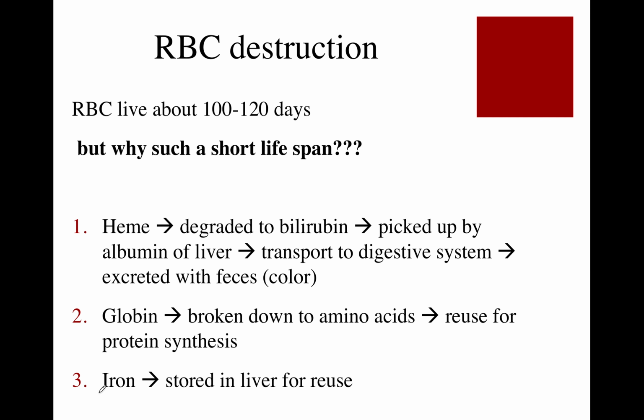As I mentioned earlier, the majority of the red blood cell is made up of hemoglobin, about 95%. So, if I destroy red blood cells, what I'm actually destroying is hemoglobin. So, let's take a look at the components of hemoglobin and identify what happens to each of them. The first one, let's start with globin.